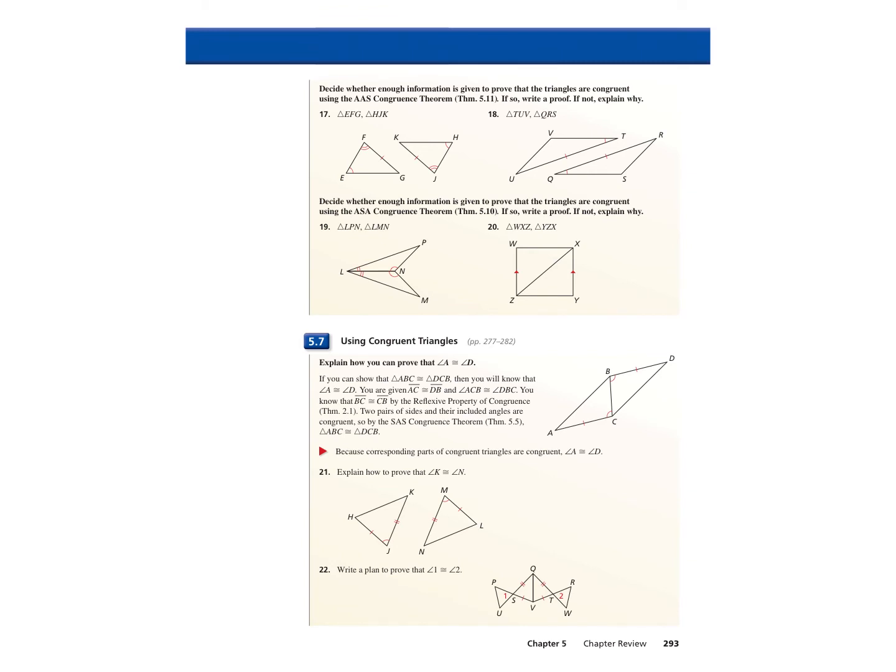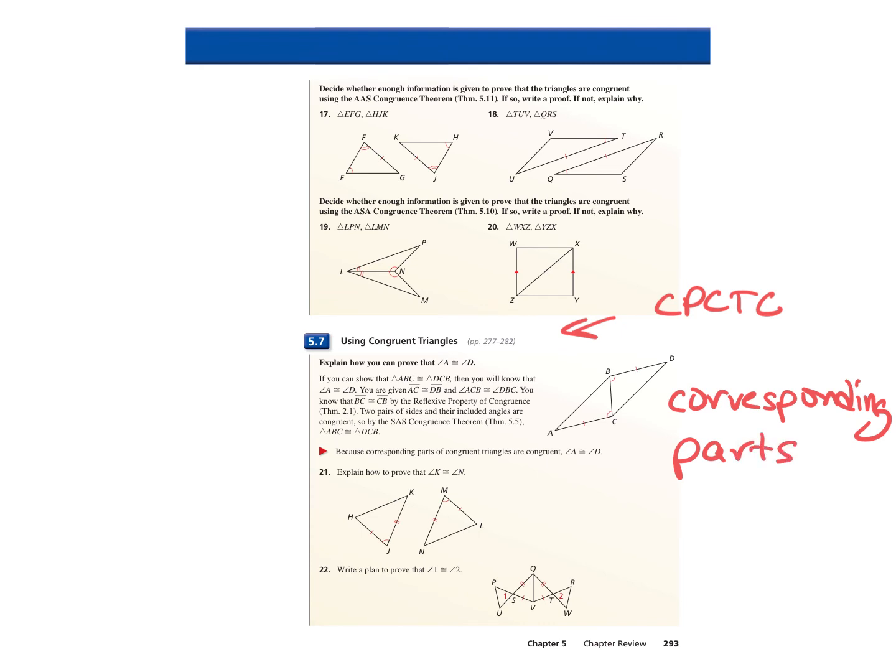So in here, CPCTC, which again stands for, the first C stands for corresponding. The P is for parts. And then of, and then it's congruent, and then triangle, and then congruent. So that's what each one of the letters in the acronym stands for, CPCTC.